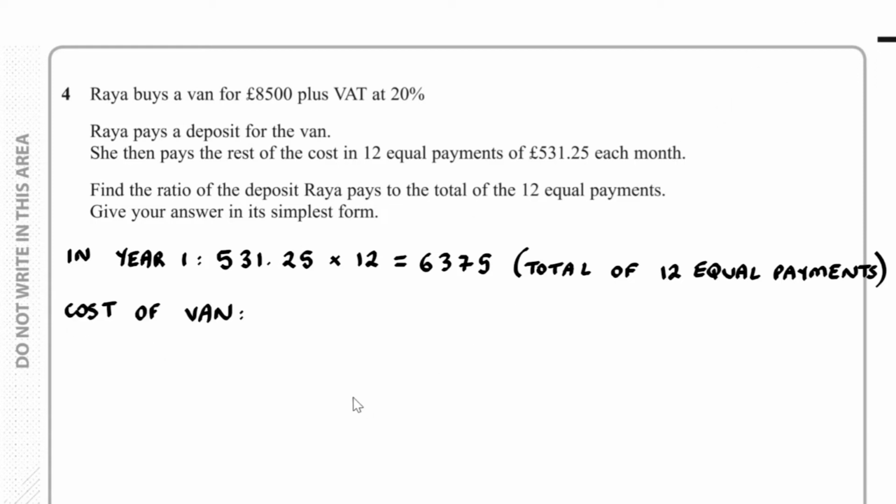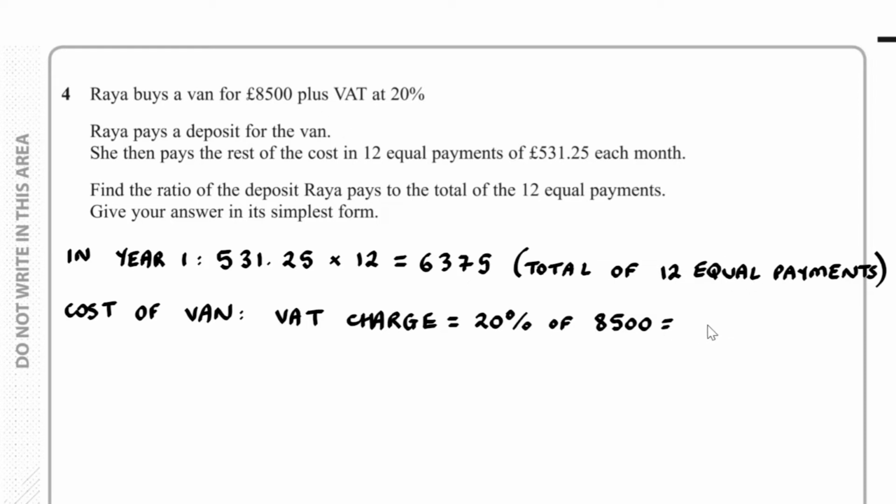So, for the cost of the van, we can first of all find out the VAT charge. And that's equal to 20% of 8,500, because that's how much the van costs.